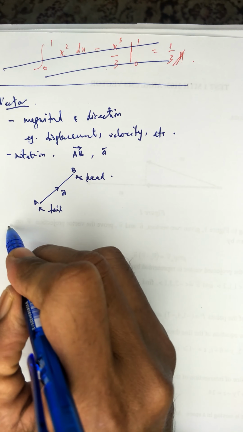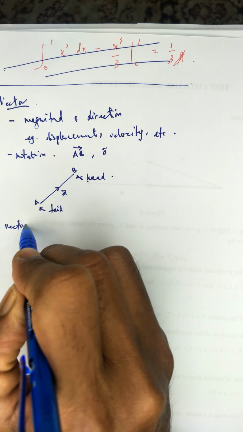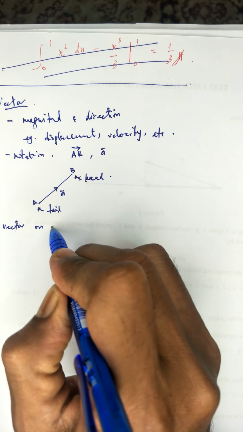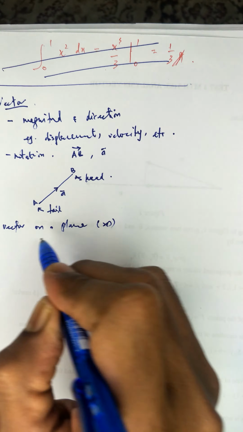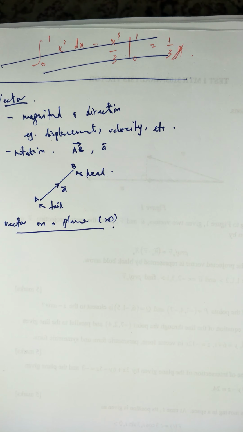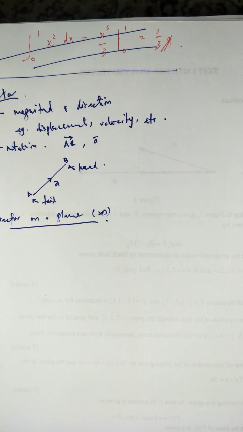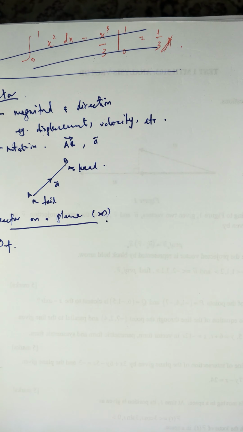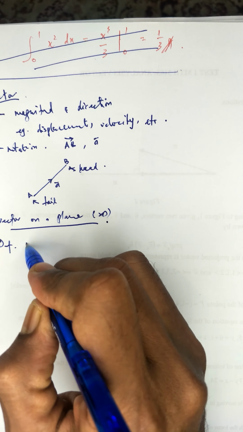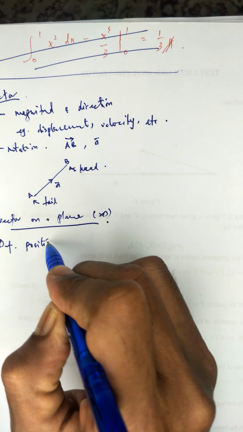Next we look at vectors on the plane, basically 2D vectors. As a first definition, the position vector. What is a position vector?